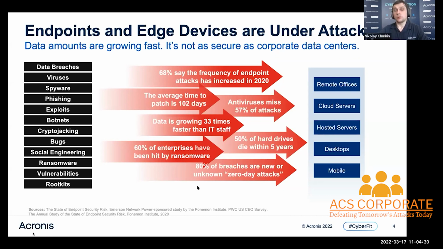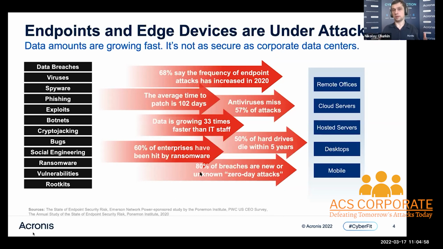The other challenge, and it applies to ransomware as well, is that many breaches are known as zero-day attacks. It's some new piece of malware, including ransomware, which uses the fact that it is not yet known to the majority of antiviruses.